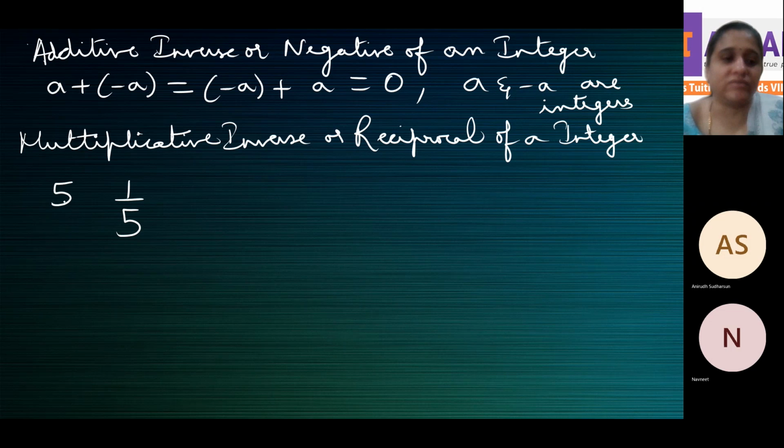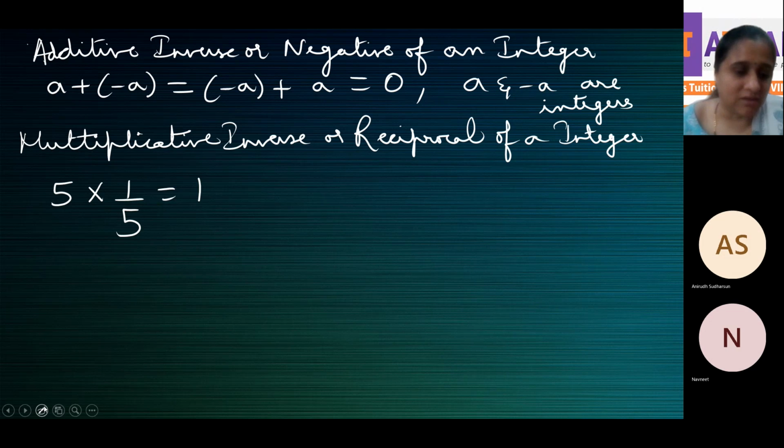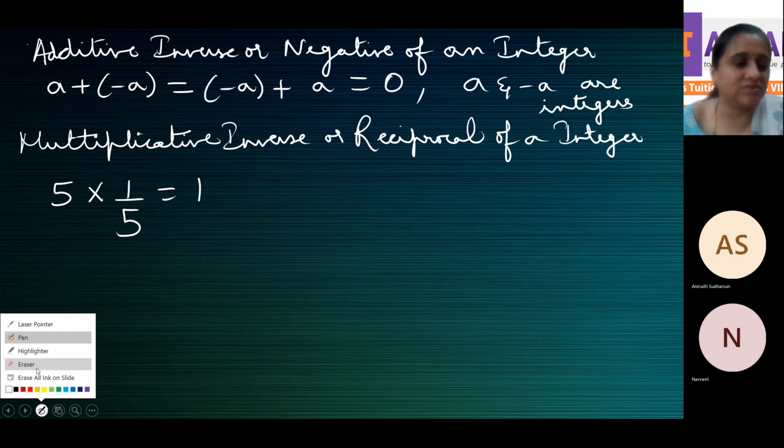The integer is 5. Its multiplicative inverse is 1 by 5 because 5 into 1 by 5 is 1. Multiplicative inverse means the product should be 1. When you consider two numbers, if their product is 1, then they're said to be the reciprocals of one another. Listen, till I finish, listen.